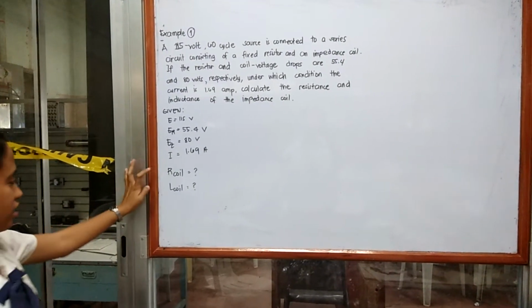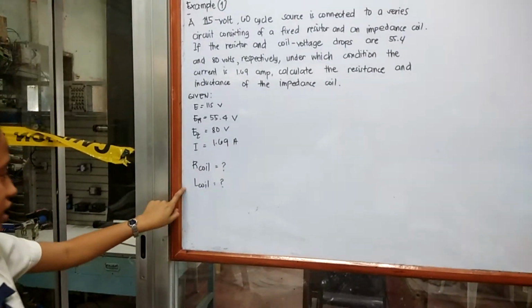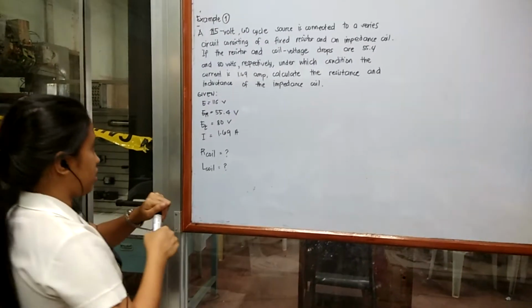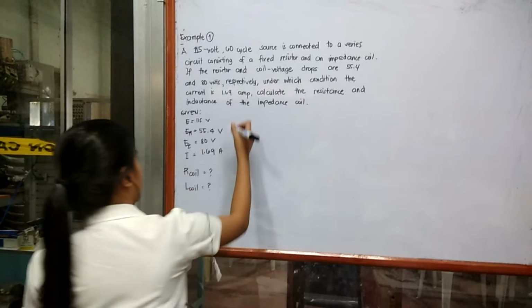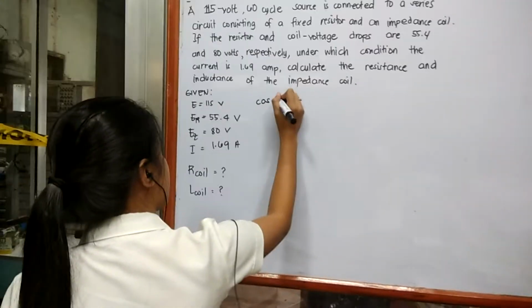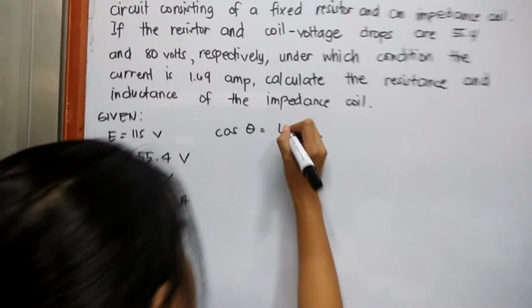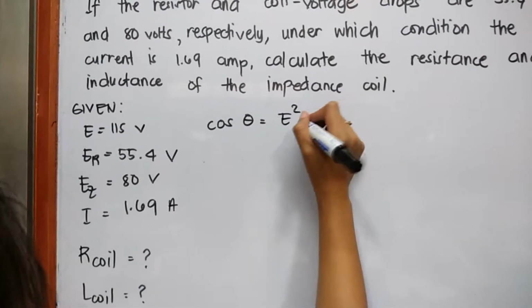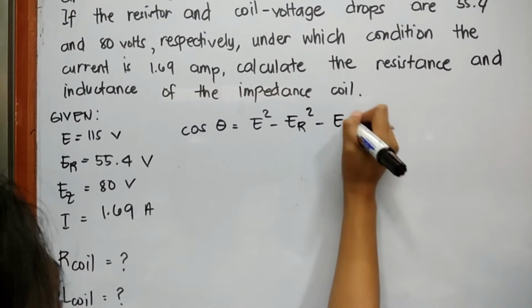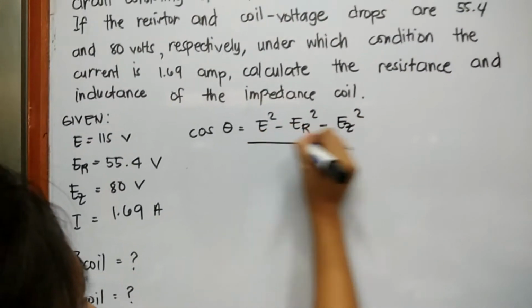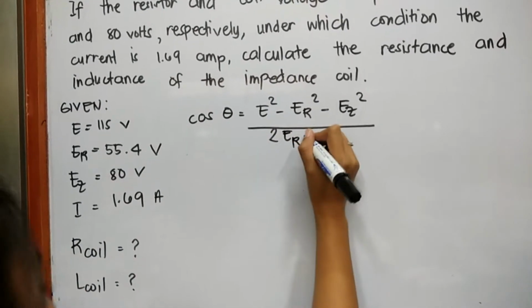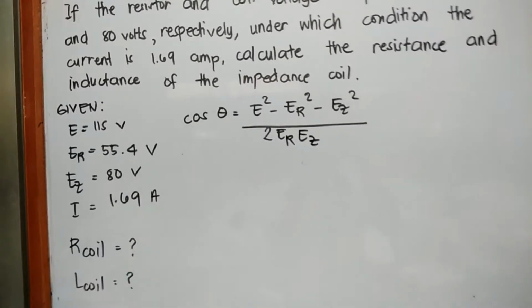Let's find the resistance of the coil and the inductance of the coil. So let's find sine theta. To find sine theta, use the first equation. The equation, cosine theta is equal to E squared minus ER squared minus EZ squared all over 2 ER EZ.